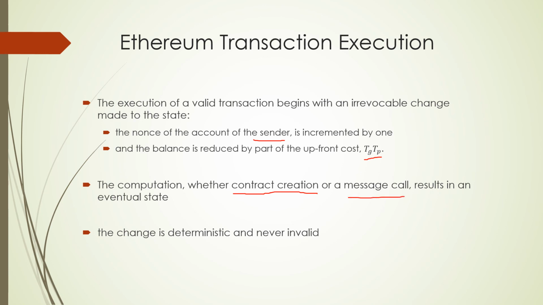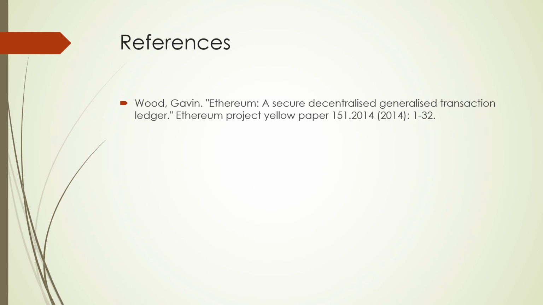Both types will cause a state transition, and the change is going to be deterministic. It's not going to be random, and it's not going to be invalid because we first do a validity test on the transaction. And here is my only reference, the yellow paper of Ethereum written by Gavin Wood in 2014.